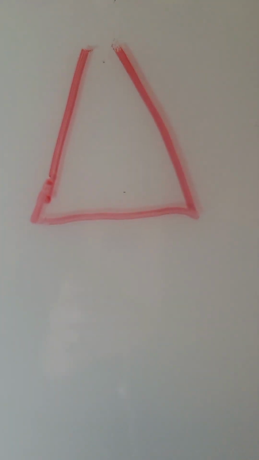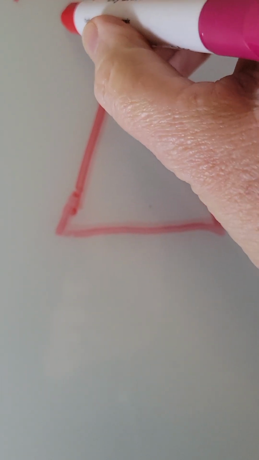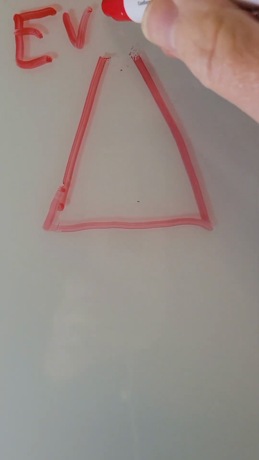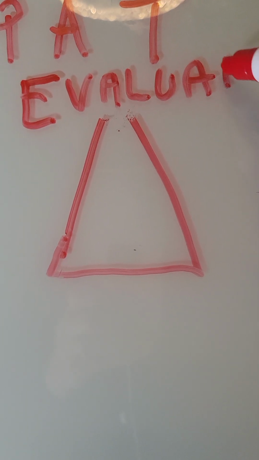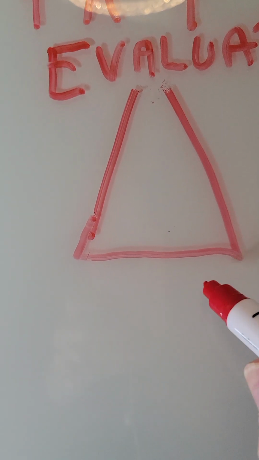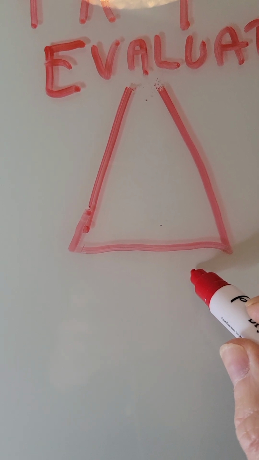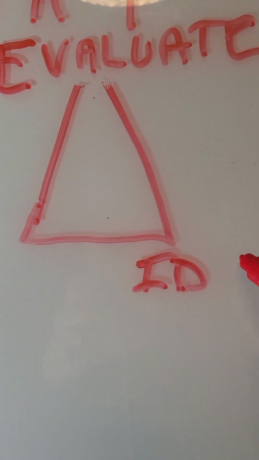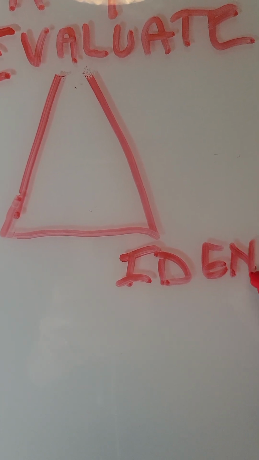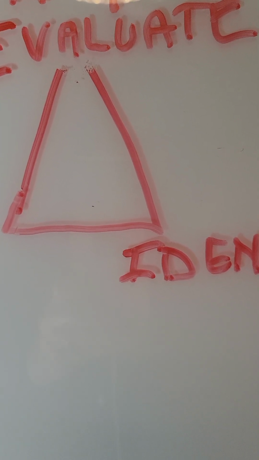Up here, we're going to erase just that little piece right there, because right here, I want to go ahead and write evaluate. Down here, we're going to write identify.